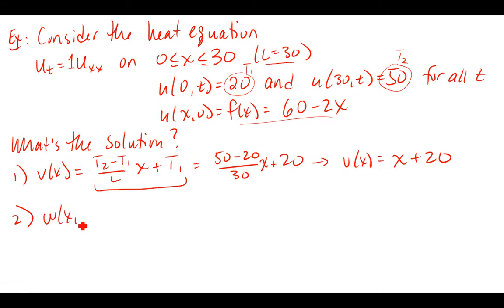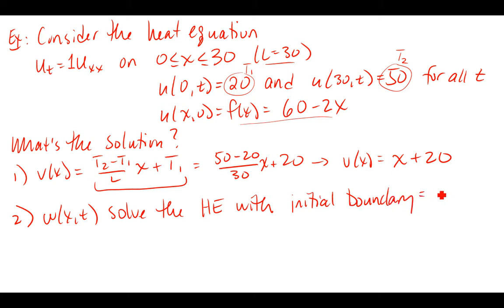W of x and t solves the regular heat equation with initial boundary condition given by f of x minus v of x, which for us, f of x is given up here, 60 minus 2x.